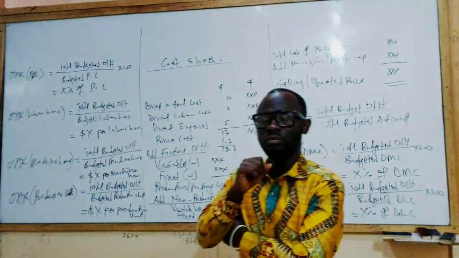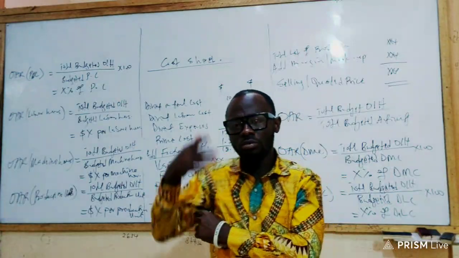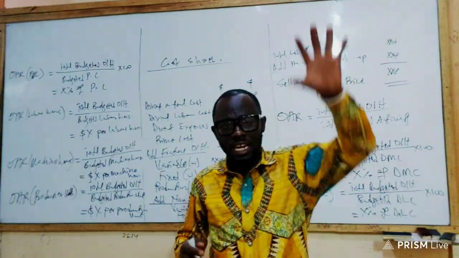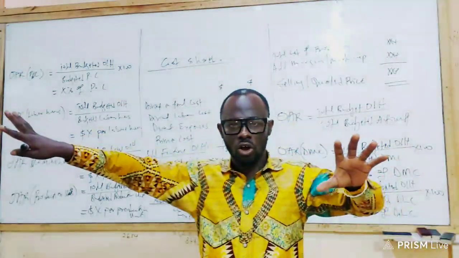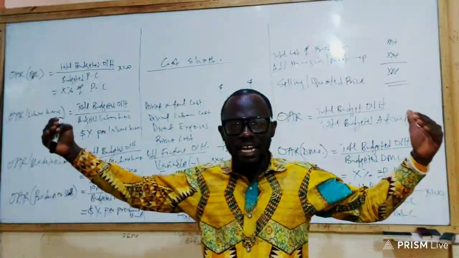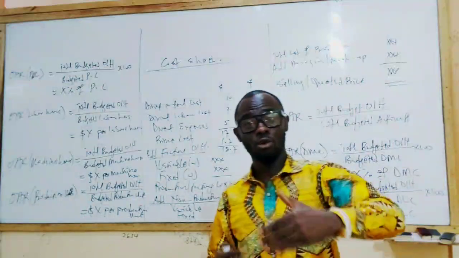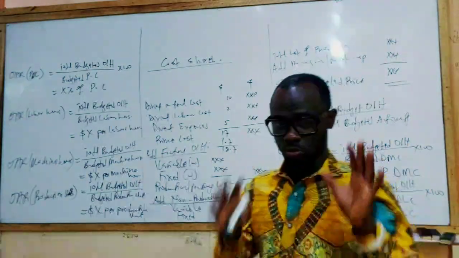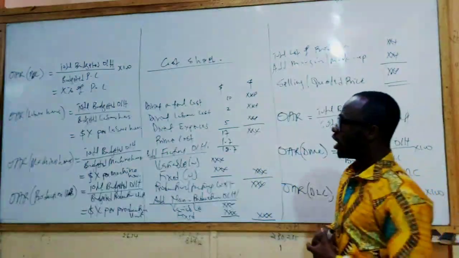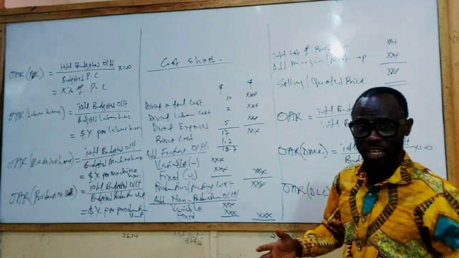Under activity-based costing, we absorb the overheads by identifying the cost pool and then the cost drivers, and that is what we will use to absorb the overheads. We're going to go through that tomorrow, God willing, because we are already out of time for today's discussion.